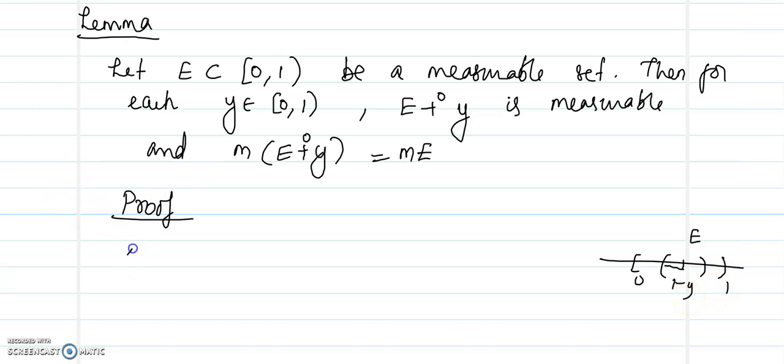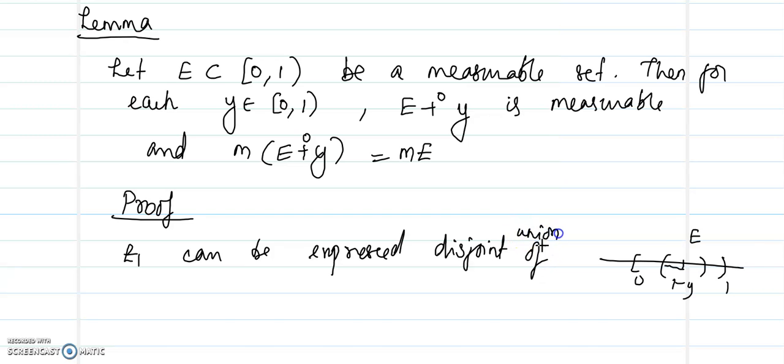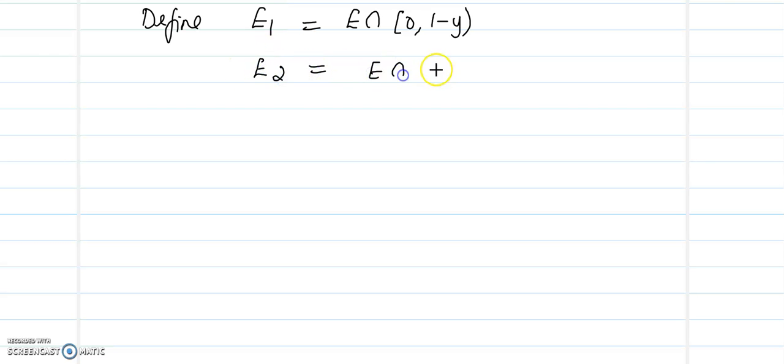So E can be expressed as a disjoint union of sets E1 and E2. Define E1 to be E intersection [0, 1 minus y], and E2 to be E intersection [1 minus y, 1).